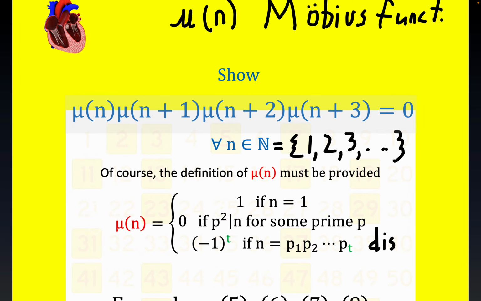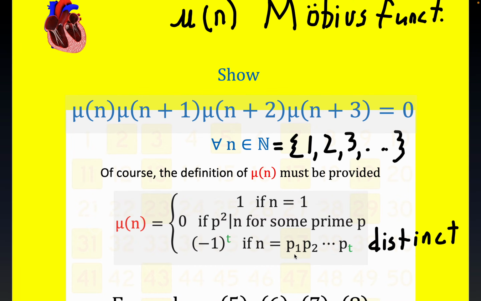And just a nice little sanity check on this thing is to notice that this is a definition for all natural numbers. Now you may think, well, it doesn't look like it. But you see, if these are all distinct, that means it's not divisible by a perfect square, because a perfect square would have to contain a square prime as a factor, right?